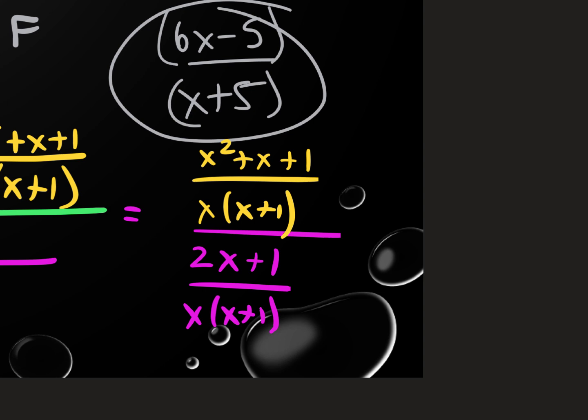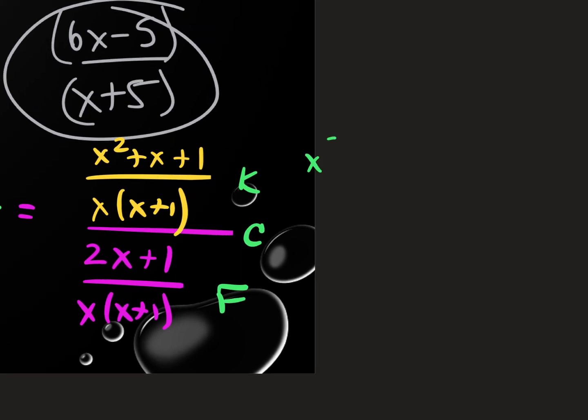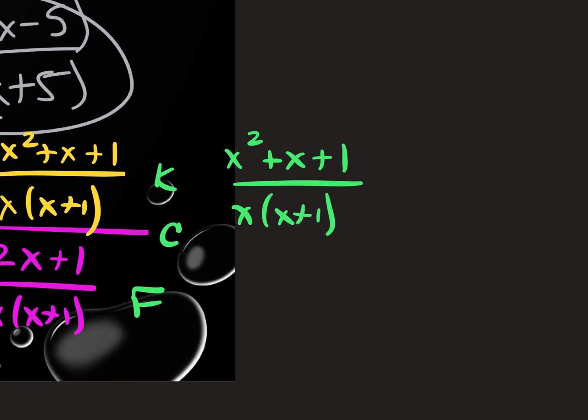So now we're at the stage where we can keep, change, flip. My numerator stays x squared plus x plus 1 over x times x plus 1. I told you guys, if you want to change your letters, that's fine. Just be consistent. Let's change our division to multiplication, right?